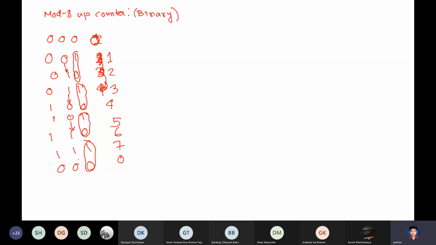Here this has flipped. If I call these Q2, Q1, Q0, then Q1 toggles when Q0 goes from 1 to 0.